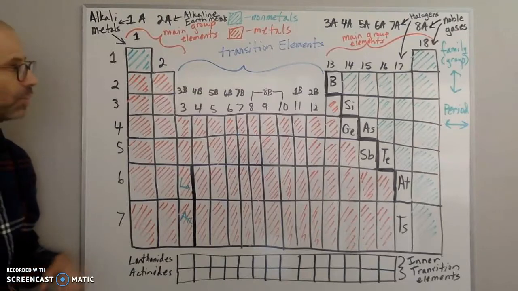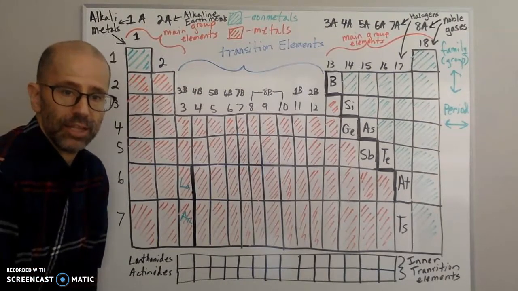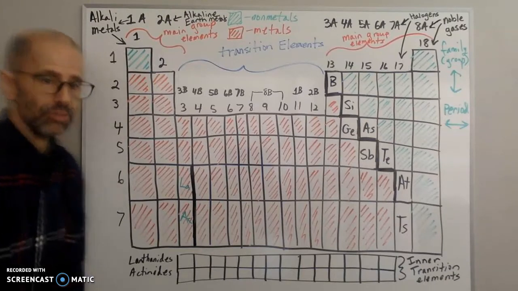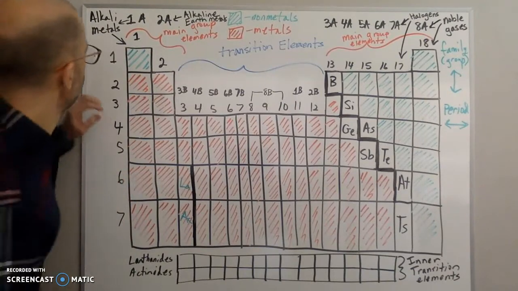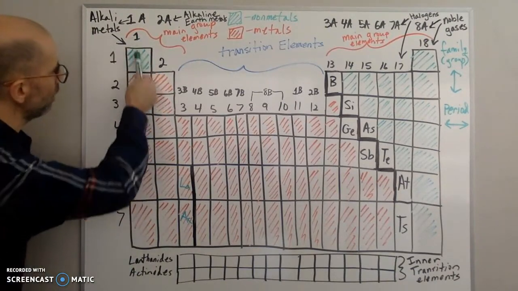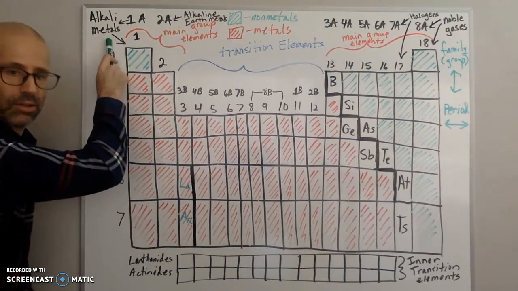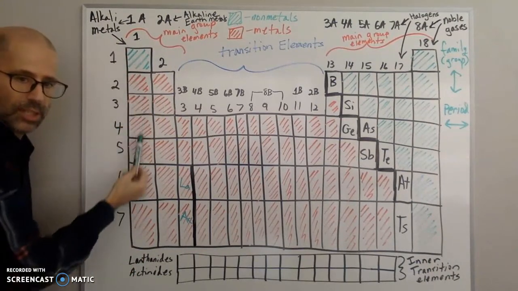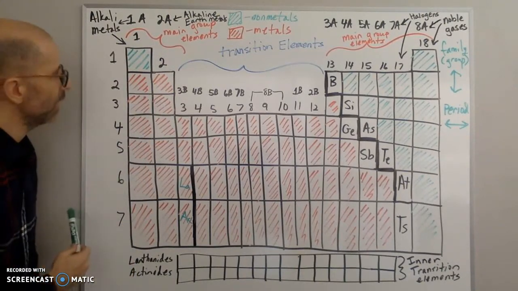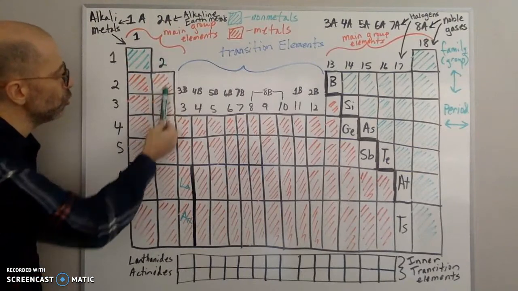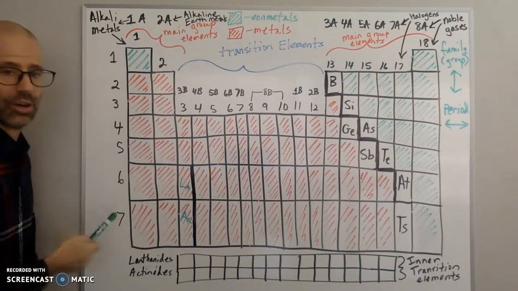Okay, what else can I point out here? Certain groups of elements are going to have special names, and these are names you're going to want to know. So group 1A, those are called your alkali metals. They have particular characteristics. We'll get into that later. The group 2A here, these are called your alkaline earth metals.